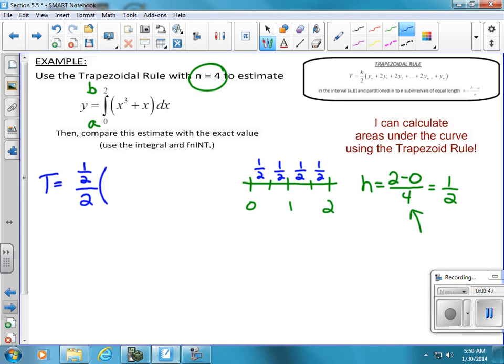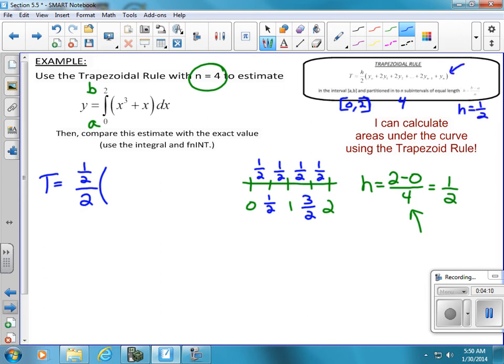Now we're going to have 5 points along this path, 1, 2, 3, 4, 5. So we've divided that into 4 intervals. A to B is 0 to 2 in our case, and we found that h is 1/2.